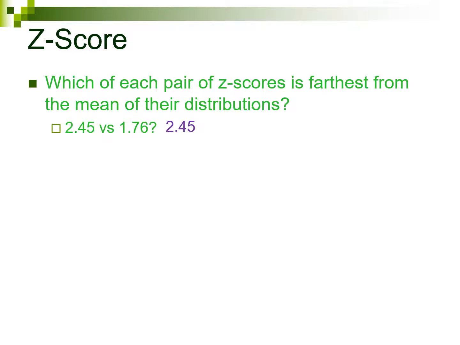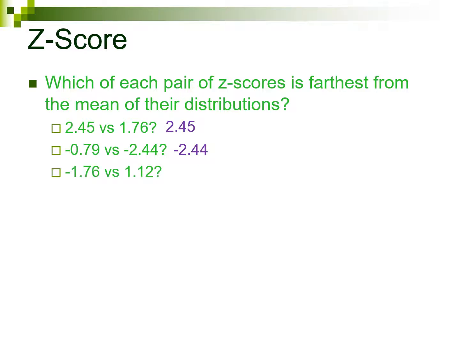What about these two, -0.79 or -2.44? Which of these is going to be farthest from the mean of their distribution? Again, take the absolute value, ignore any negative signs. If we ignore the signs, 2.44 is bigger than 0.79. So a z-score of -2.44 would be farther from the mean of their distribution than a z-score of -0.79.